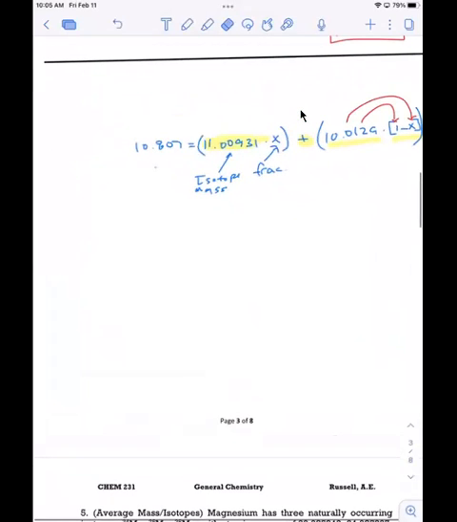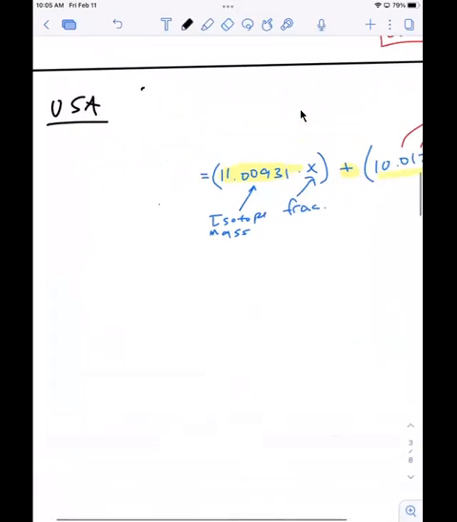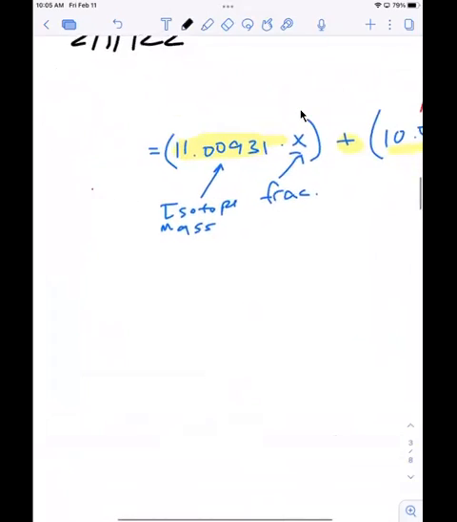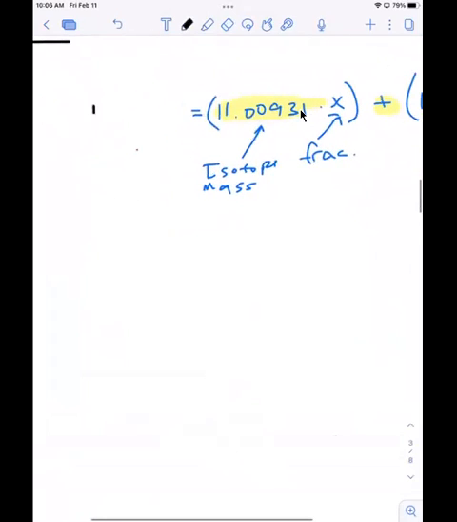That's going to stay the same. This number right here is going to be different. So for the boron found in the United States, that average mass changes to 10.819 AMU.